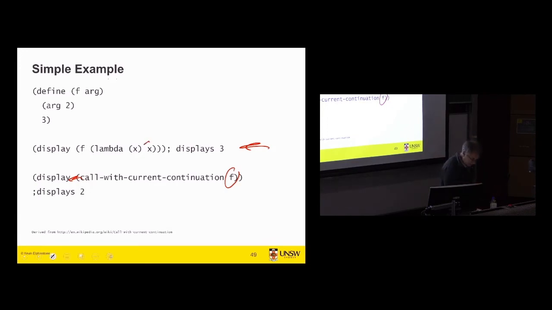So the continuation gets passed in as the argument to f. So this line of code here now is invoke the continuation function, passing it the argument 2. So that means we end up warping back to this point here, returning 2, and we never execute the 3 because we just go back to where we continue from.